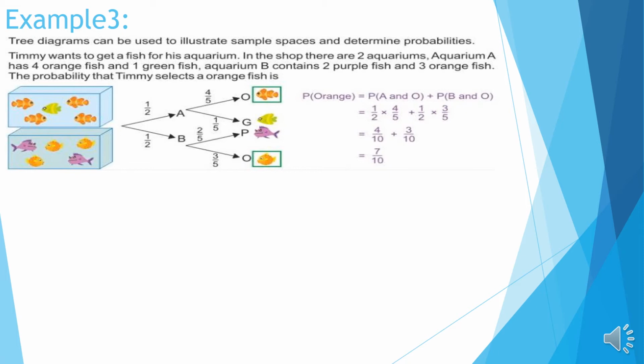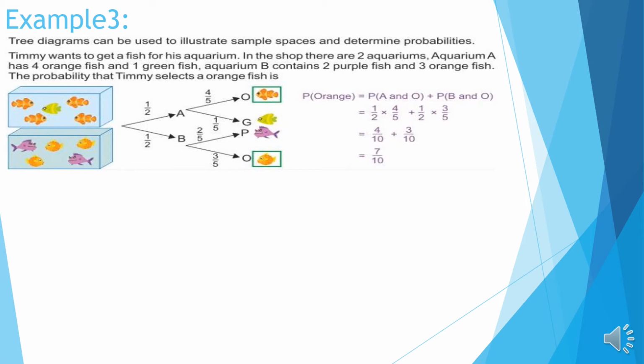Now what is the probability of orange? As we said, the total probability of orange is orange intersection A union orange intersection B. So it is probability of A and O, plus B and O, which is half times 4 over 5 plus half times 3 over 5.